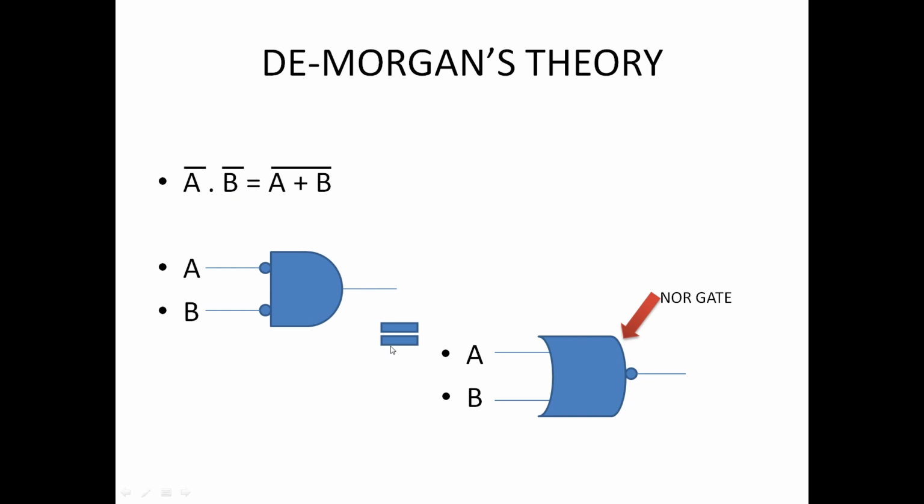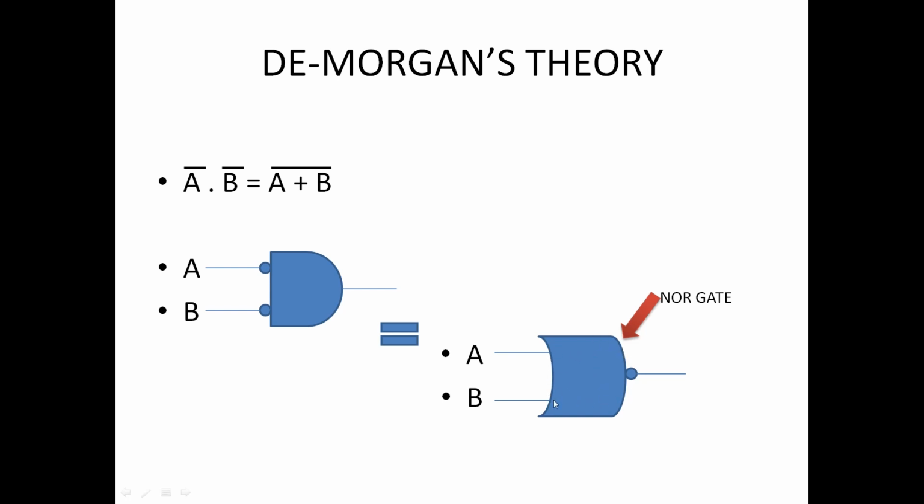According to De Morgan's theorem, this is equal to A entering the OR gate, B entering the OR gate, meaning we have A or B, but we have a NOT gate here, negating the result. So it changes from A or B to not A or B. Same thing applies here too.